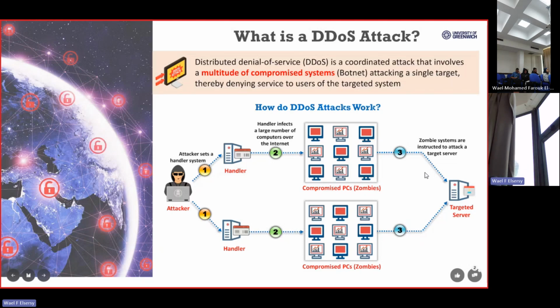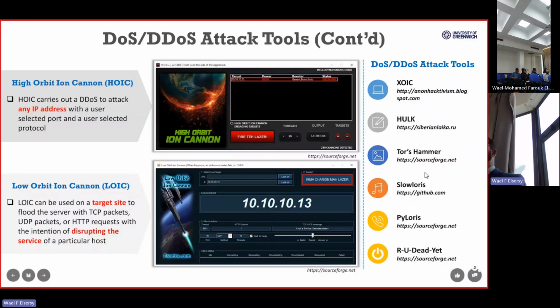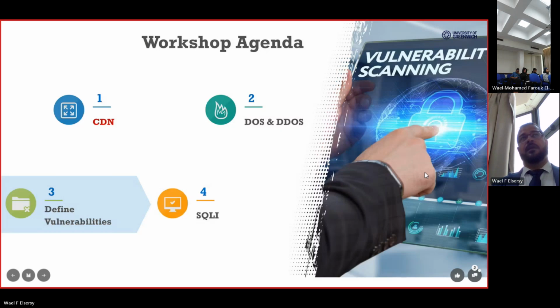We have multiple botnets where we have a cascaded distributed denial of service attack. And these are the tools that hackers have developed, or that the penetration tester uses, to check if our servers can really be taken down by a distributed denial of service attack or DoS attack.